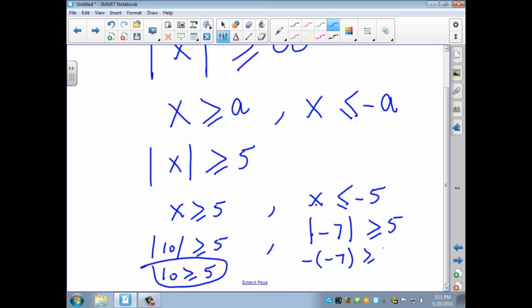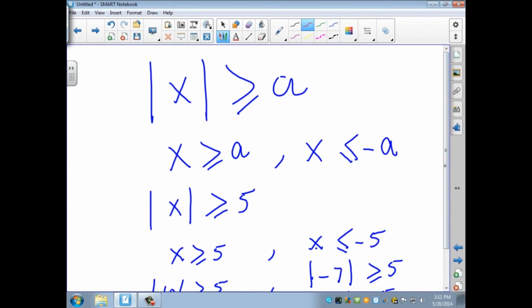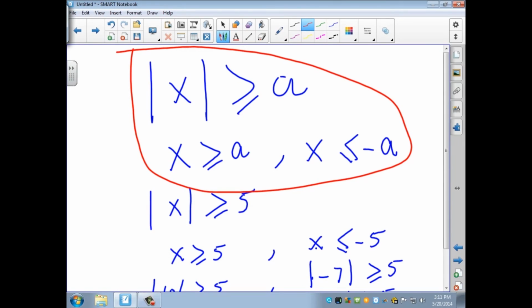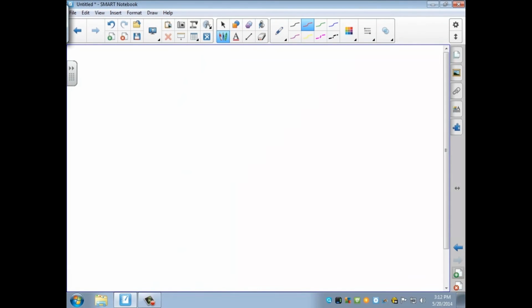Is that greater than or equal to 5? 7 is greater than or equal to 5. So that is true. So this relationship is what you need to remember. Okay? So here is what we have.